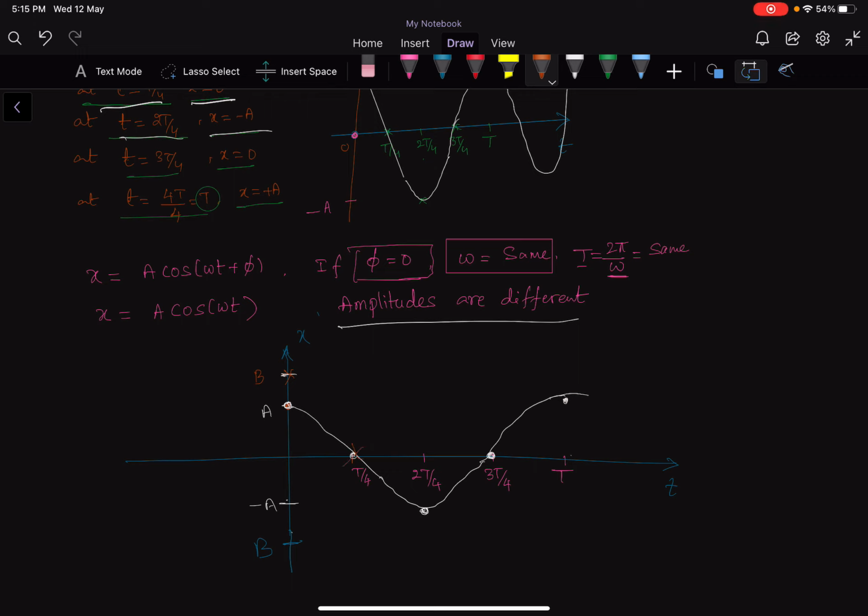At 2T by 4, x equal to minus B. At 3T by 4, 0 again. Amplitude is different, but the equation is the same. At time period T, it will be at plus B again. So I am combining all these 4 points, and I will get a shape like this.